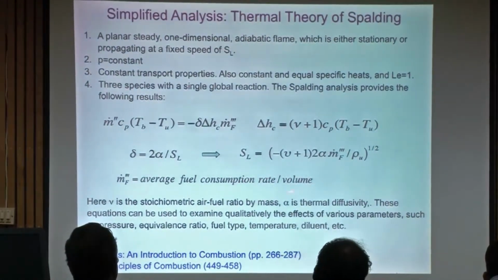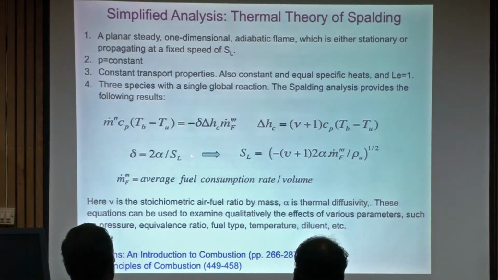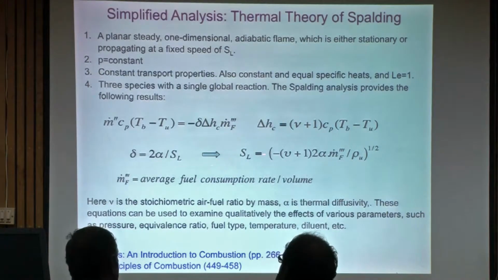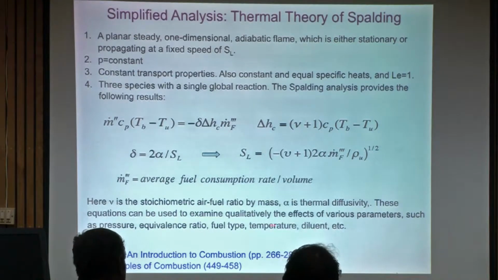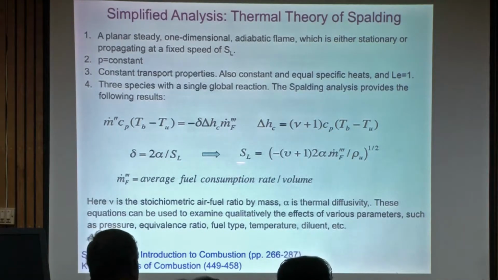And we use these two equations to look at the effect of various parameters on the flame speed and flame thickness. For example, effect of pressure, equivalence ratio, effect of temperature, effect of fuel, different effects we can consider by using these two equations.